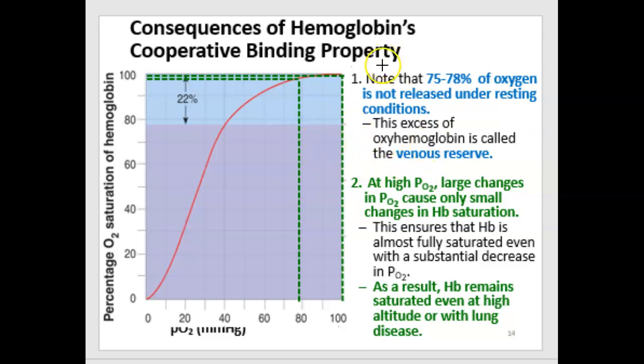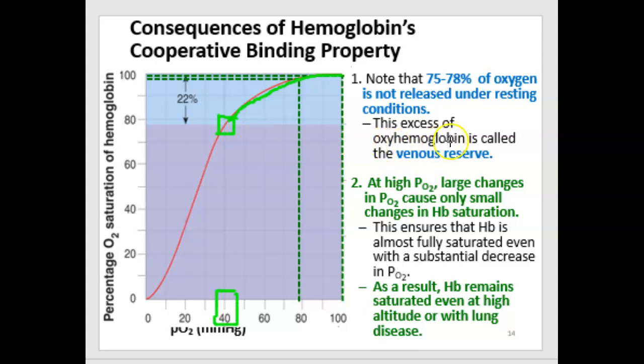So note, I'm going to do this number 1 here. Note that because the PO2 is at 40 millimeters of mercury in the systemic tissues, you can see that hemoglobin only loses 22 to 25% of its oxygen.